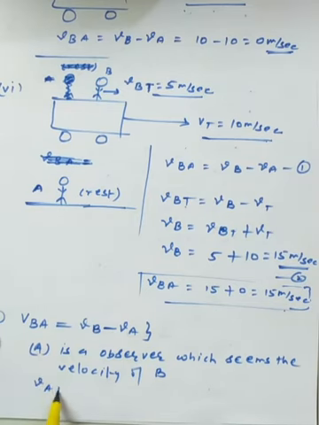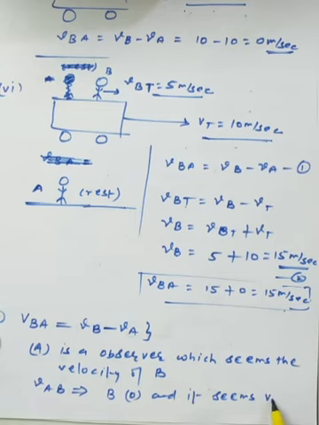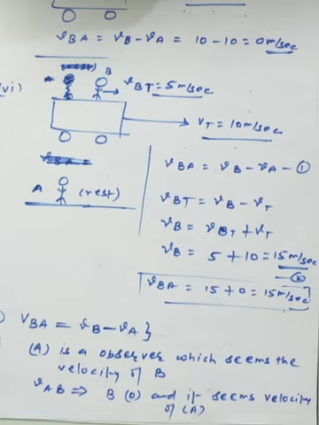Suppose VAB. In this case B is the observer and it sees the velocity of A. Okay, so these are the basics we have.